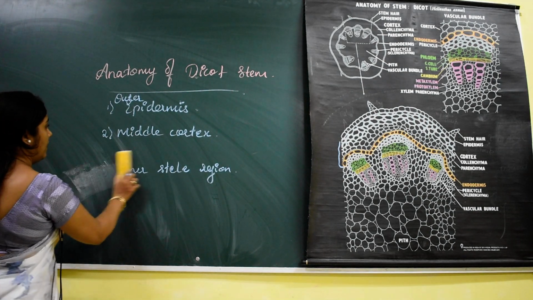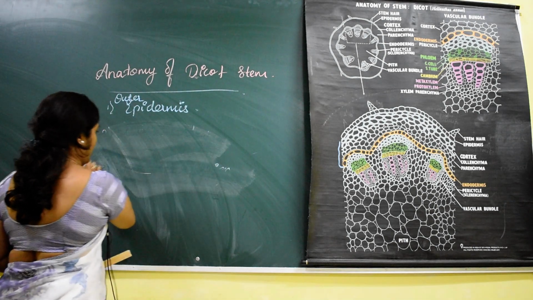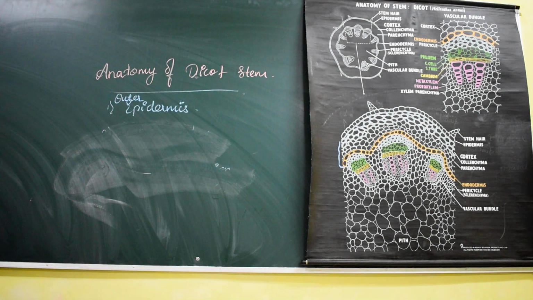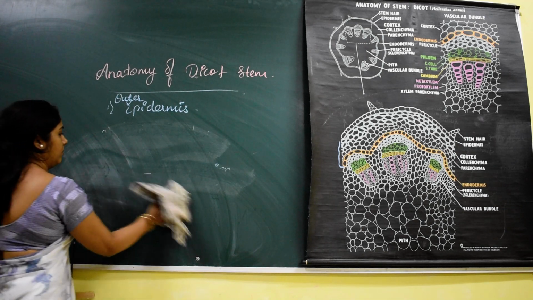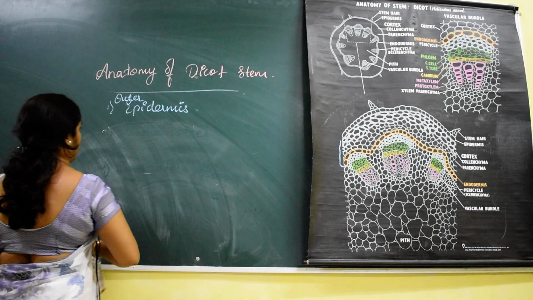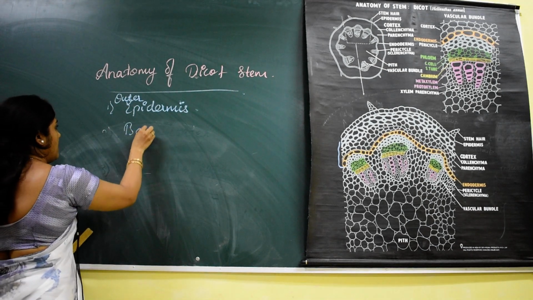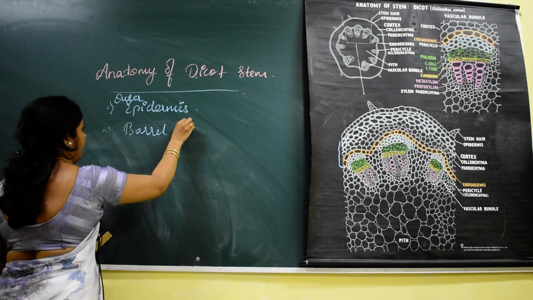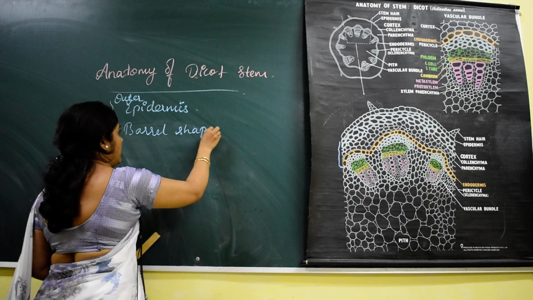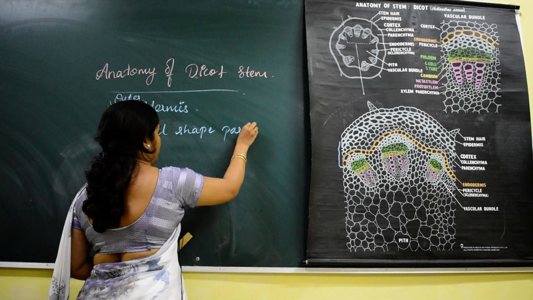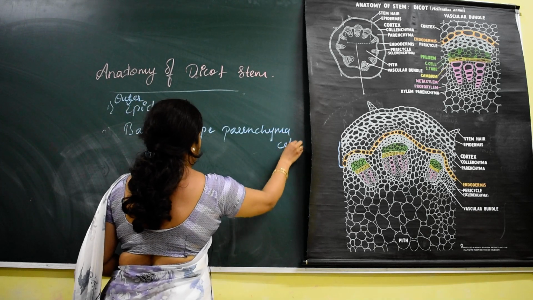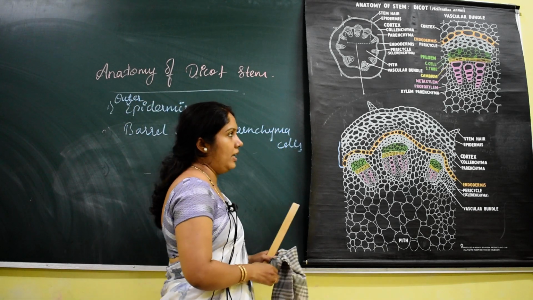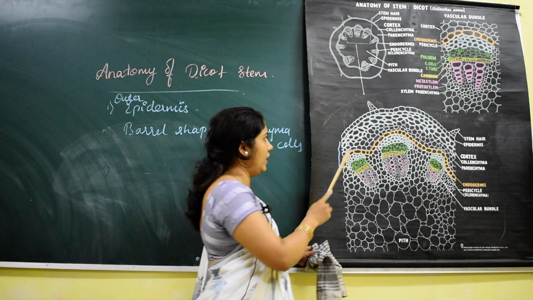In the dicot stem, the epidermis region is made up of barrel shaped parenchyma cells, which are compactly arranged with one another without any intercellular space.